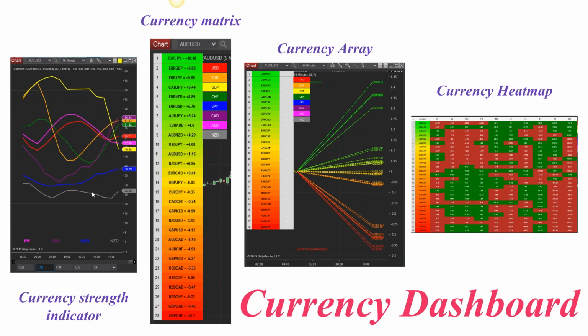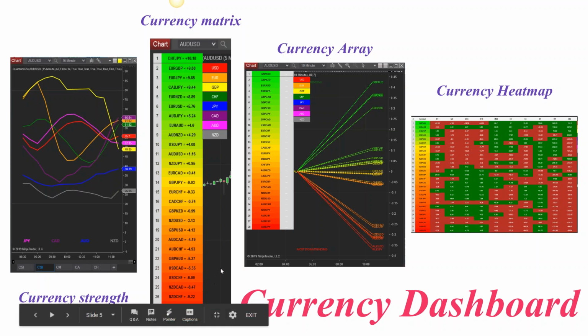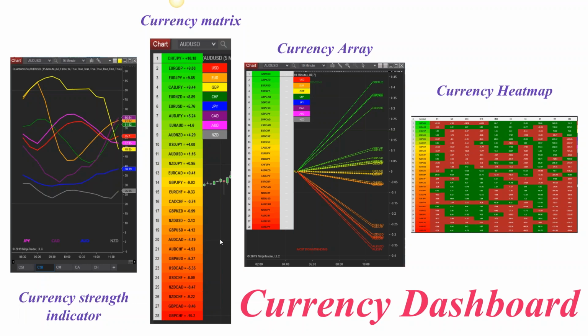Then you step over onto the matrix, and what you're looking at in terms of the matrix is strength and weakness across the complex. If you're looking at a currency pair to trade, what you want to establish is whether the sentiment for those two currencies, and you're looking at the two in opposition, is universal across the market.